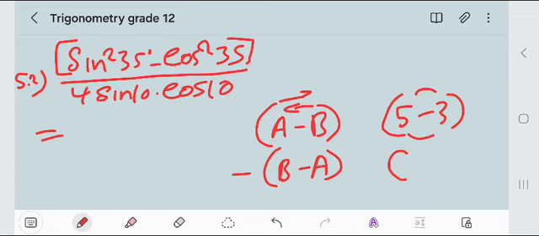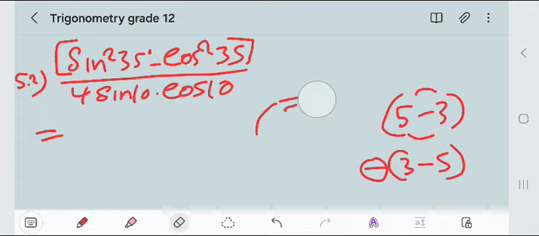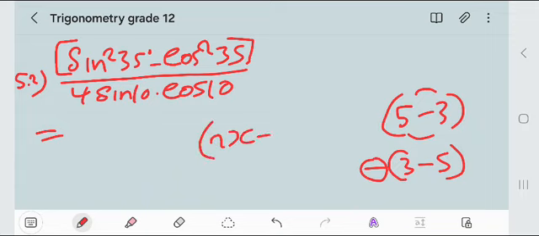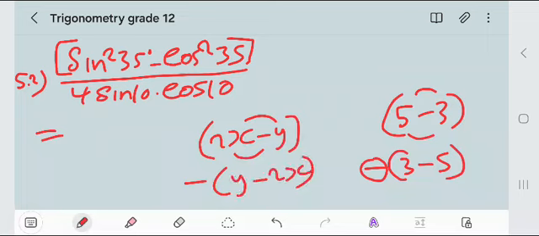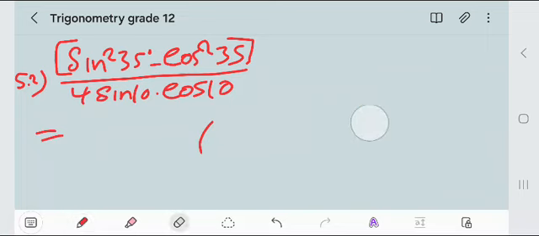You'll have 3 minus 5, but you take out the negative. There must be a negative outside of the parentheses. So again, for more practice, let's say given 2x minus y. You want to interchange this, you'll have a negative, then you interchange. So this is what will happen there.